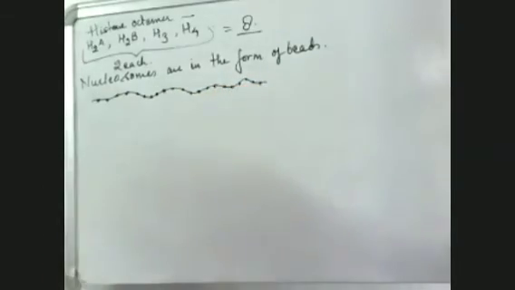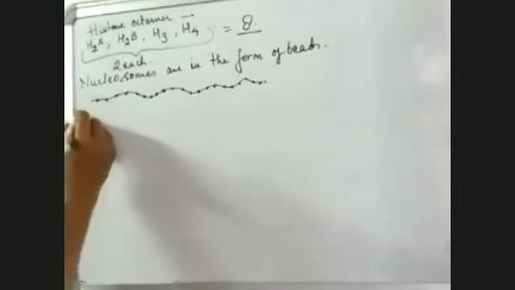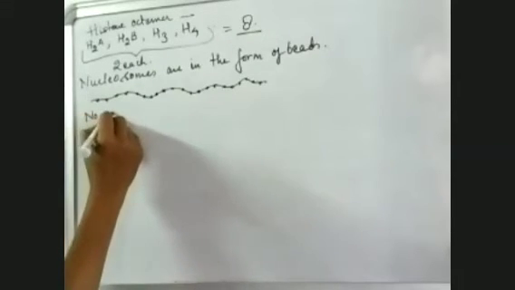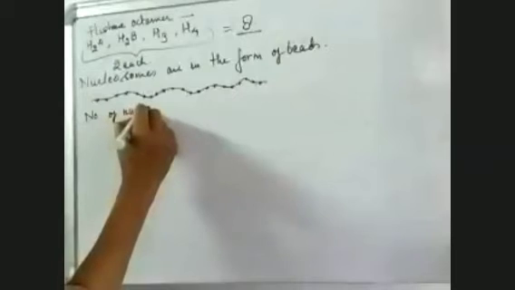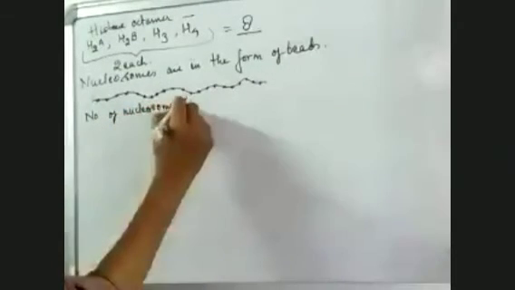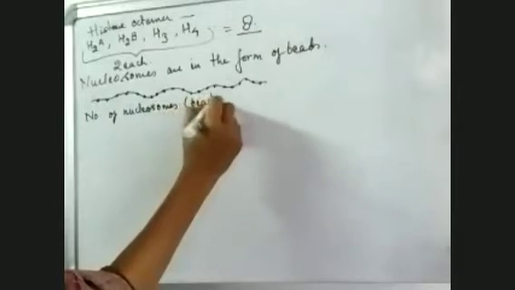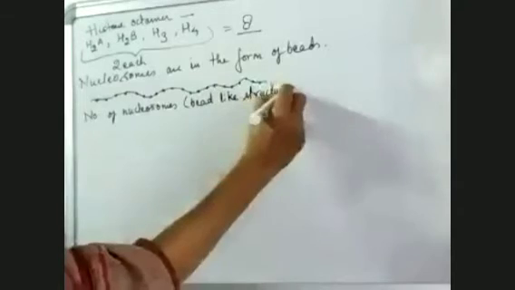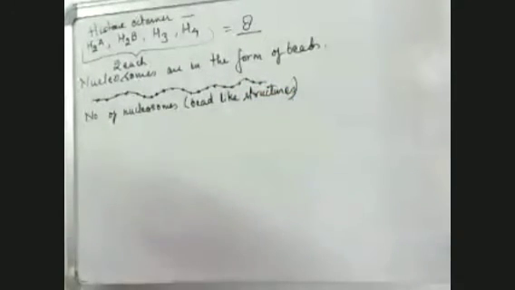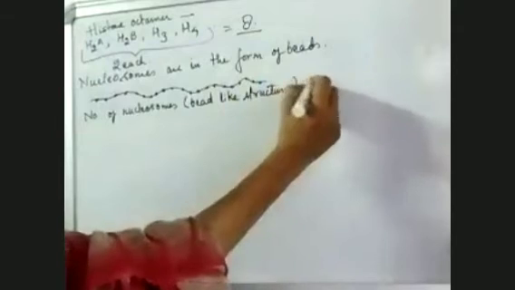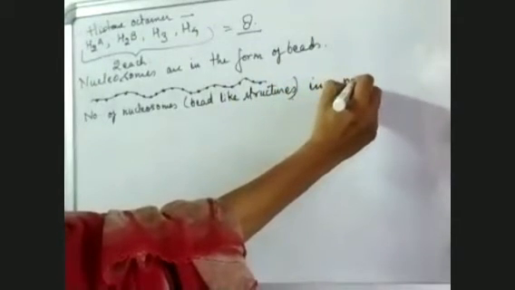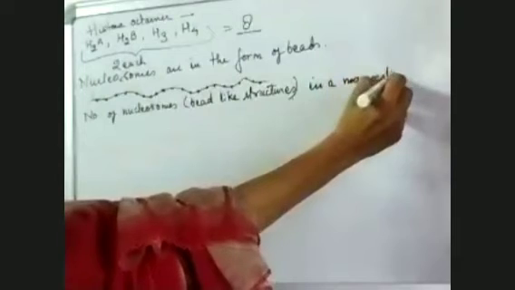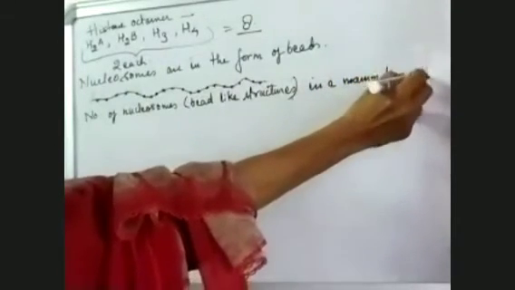So there is a question in your book, how many such bead-like structures, which are nucleosomes, do you imagine are present in a mammalian cell? So the number of nucleosomes in a mammalian cell, how many are there?